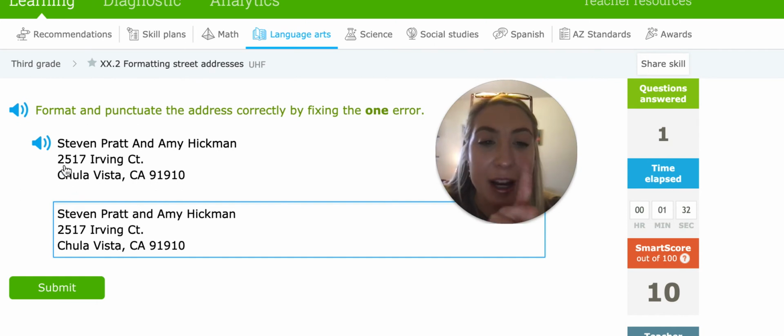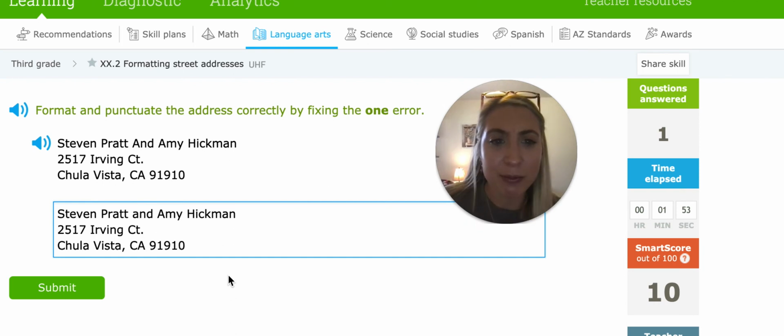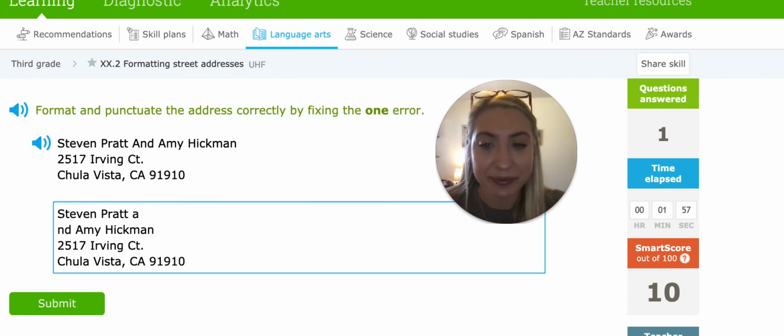That was our one error, but let's again double check. I have the house number, the street, which is capitalized, and the period after the street abbreviation. And then I have the city, Chula Vista, comma, in between that and the state abbreviation, which is capitalized as well. So we have the comma and then the zip code. And that should be it because that was our one error and everything else looks good.